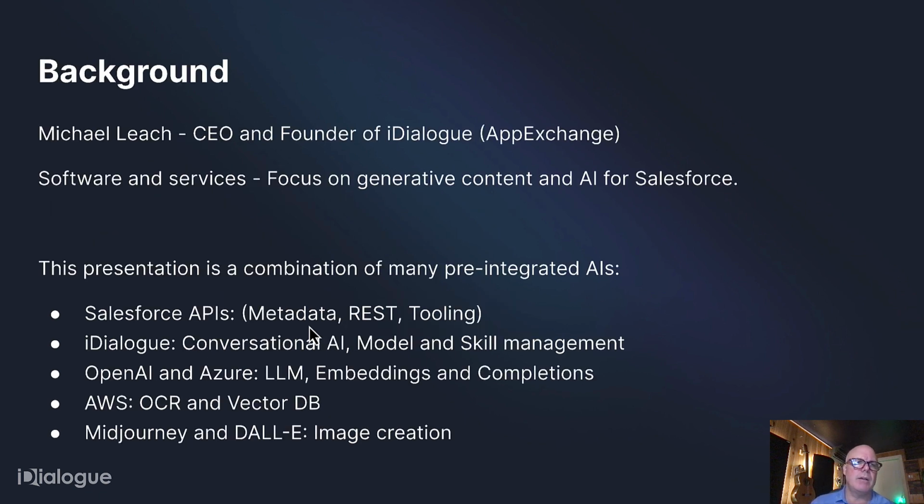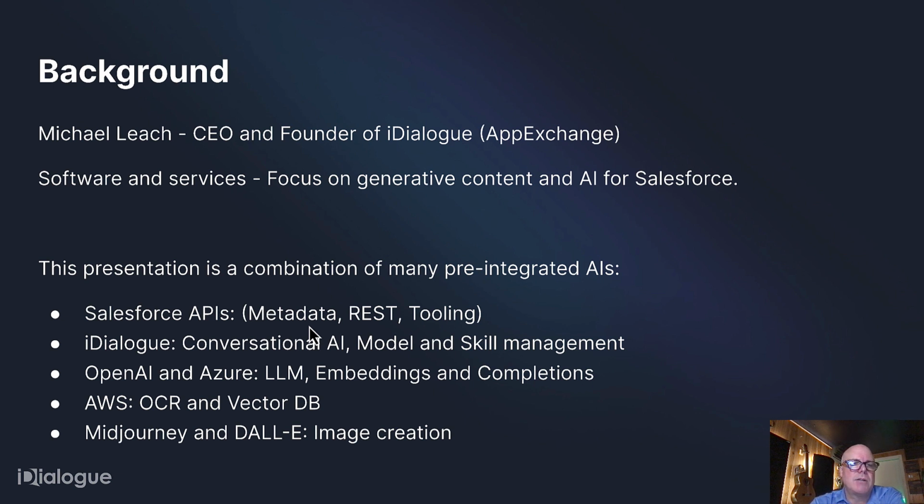Okay, quick background. I'm Mike Leach, CEO and founder of iDialogue, which you can find on the AppExchange. We're focused pretty exclusively on software and services around generative content and AI. We started initially with a lot of PDF generation solutions and have evolved into AI-driven content.